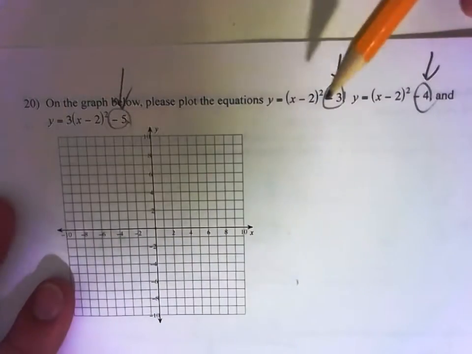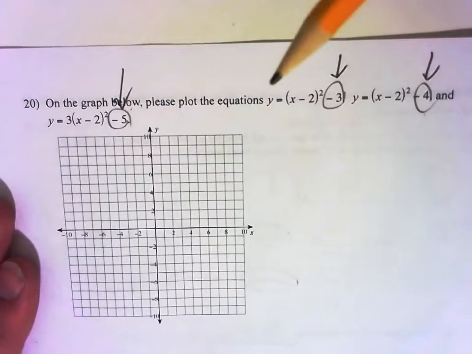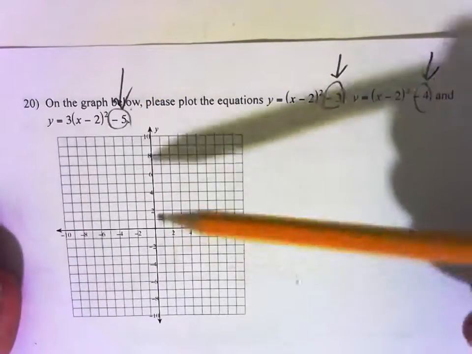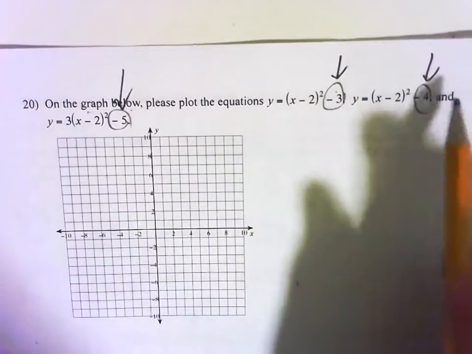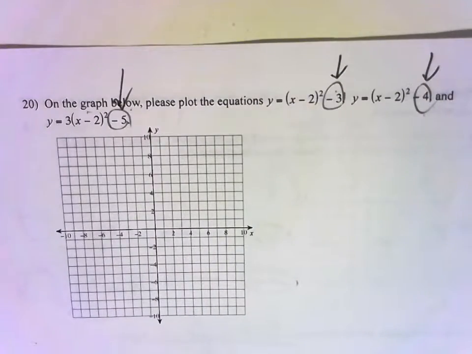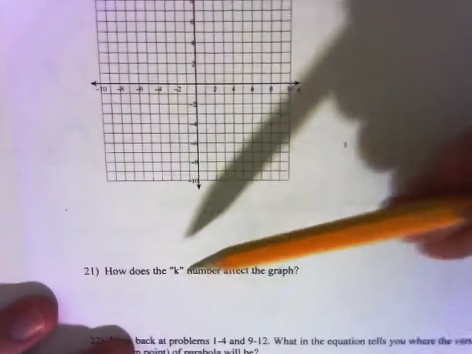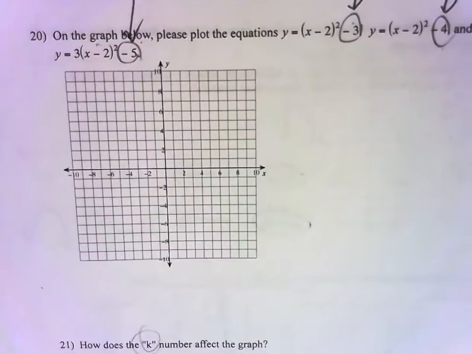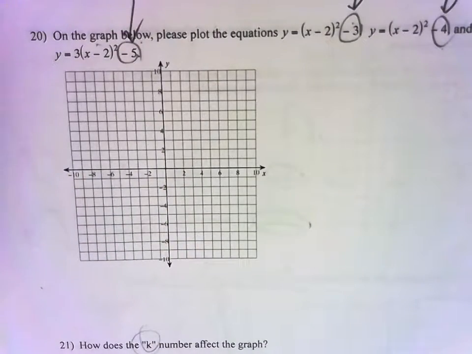So this equation has K of -3, that one it's -4, that one it's -5, and you'll be able to tell there's a certain part of this equation that is moving when you graph it, and K is telling you where that is going to be. Okay.